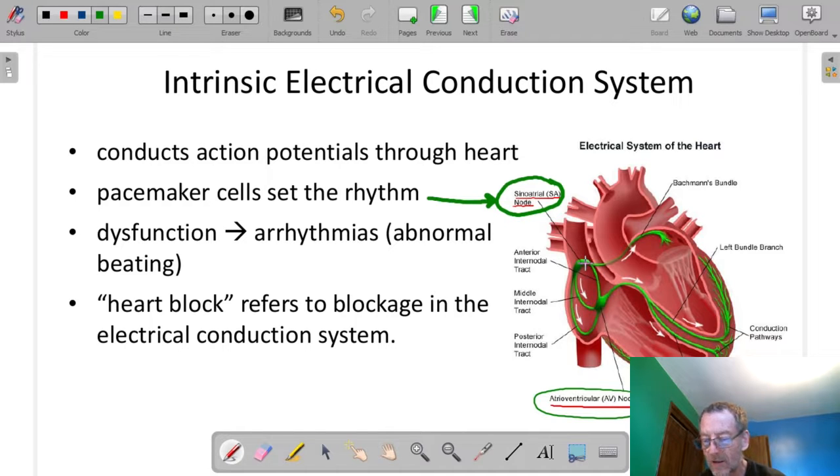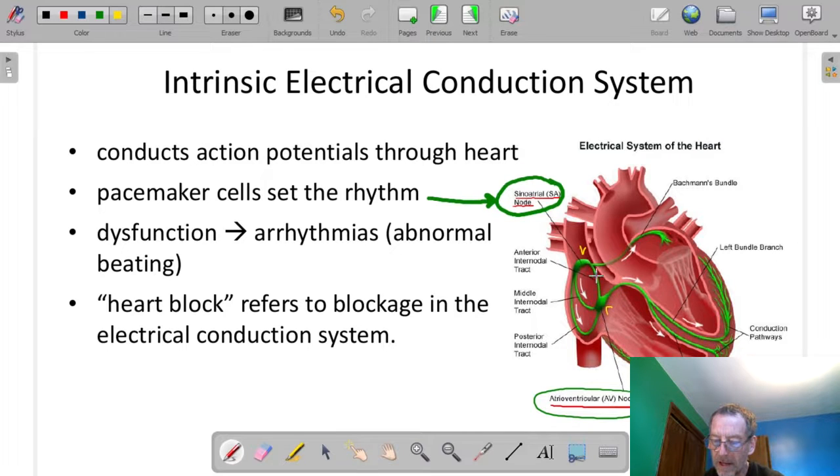So the SA node is closer to where the superior vena cava enters, and the AV node is still in the right atrium, but close to the AV valve.